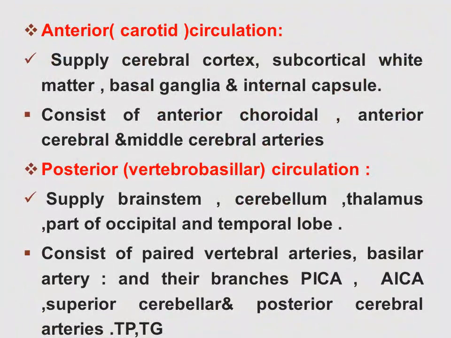This is a rapid review of the blood supply of the brain. It is divided into anterior circulation from both carotids, and posterior circulation from the vertebrobasilar arteries.